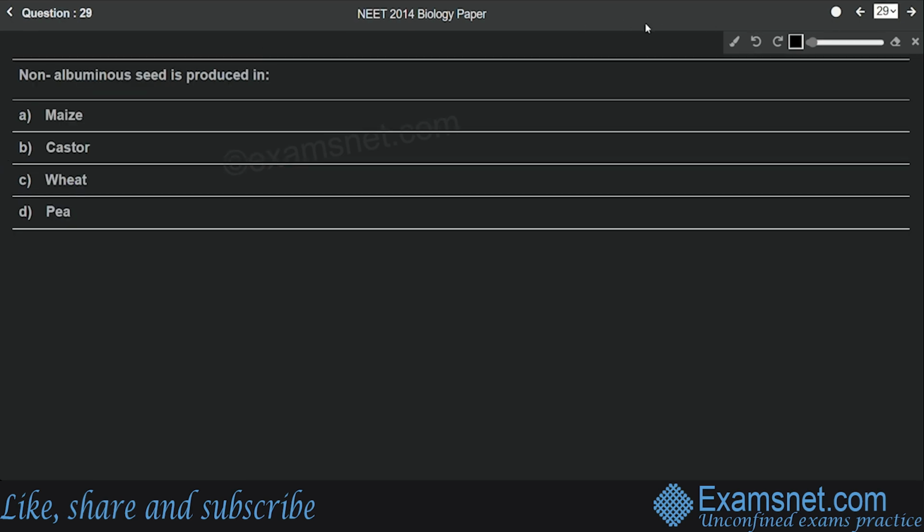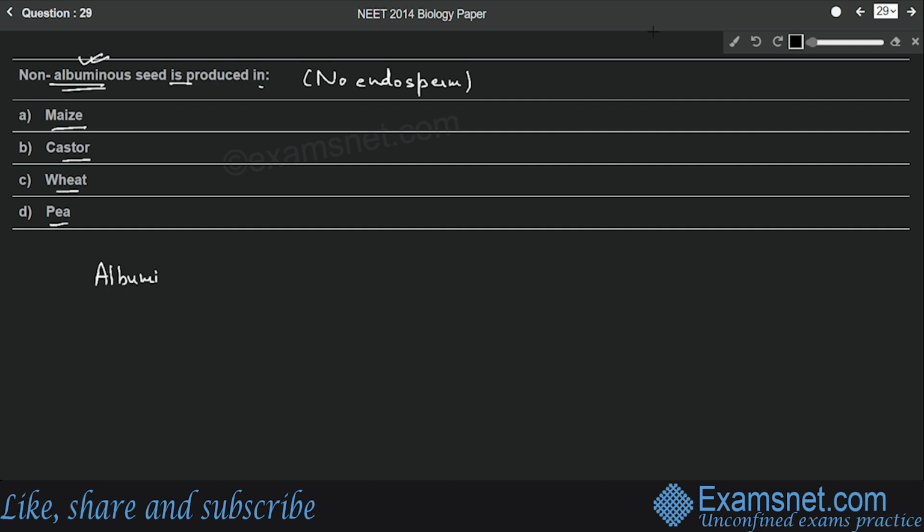Question number 29 is from the chapter Sexual Reproduction in Flowering Plants again, and the question is, non-albuminous seed is produced in. Options are maize, castor, wheat and pea. So we know that non-albuminous seeds means there will be no endosperm. What is albuminous seed?